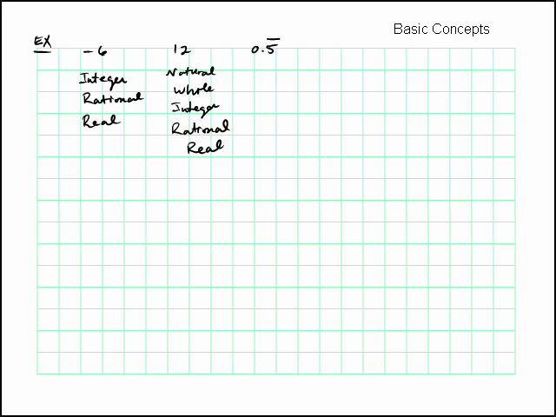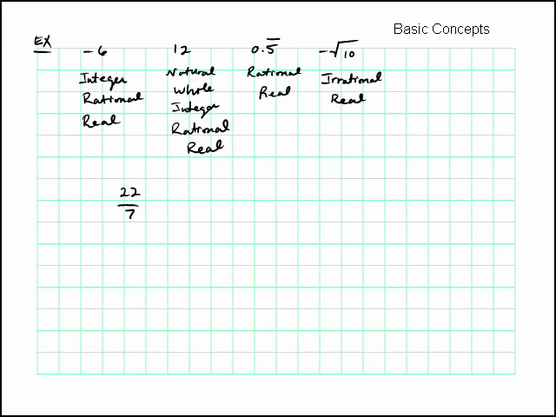0.5 bar. That means 0.555555 repeating. And we learned that all repeating decimals are rational numbers, and it is also a real number. Negative square root 10. Square root of 10 is irrational and a real number. 22/7, well, that's the quotient of two integers, written as a fraction.